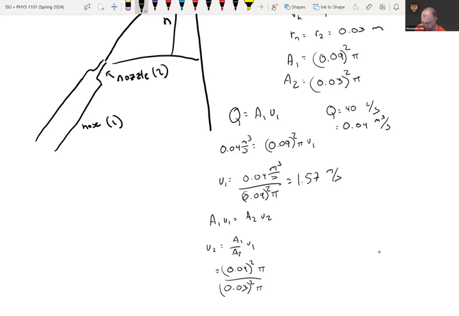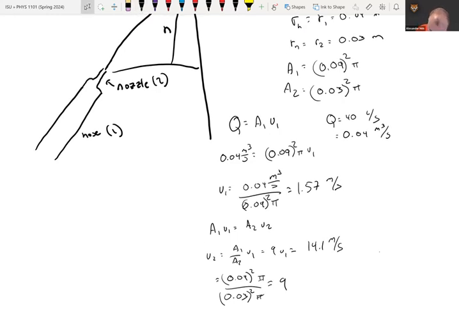What we could do is realize that this is basically the same as 9 squared pi over 3 squared pi. That's just taking a ratio. The pi's will cancel, and you'd have 9 squared over 3 squared, which would be 81 over 9, which would be just 9. So V2 is going to be 9 V1. I just think it's easier because I've got V1 already in my calculator, and I get 14.1 meters per second.